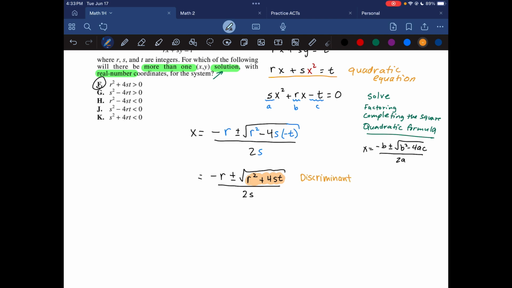And there's really three different choices. This discriminant can be greater than 0, which means that it's positive. It can be equal to 0, or it can be less than 0, which means it's negative, okay? So think about it in this sense.